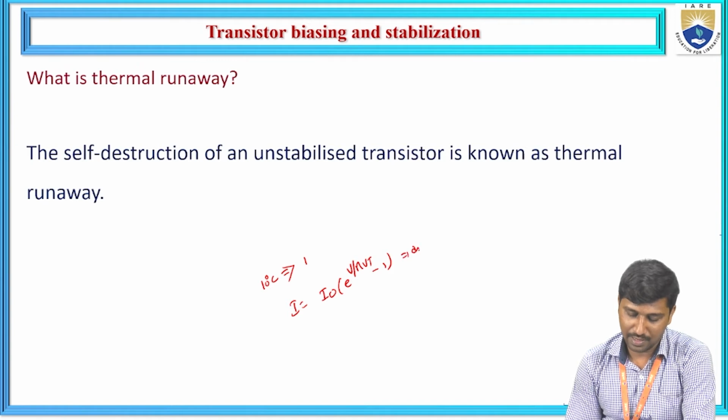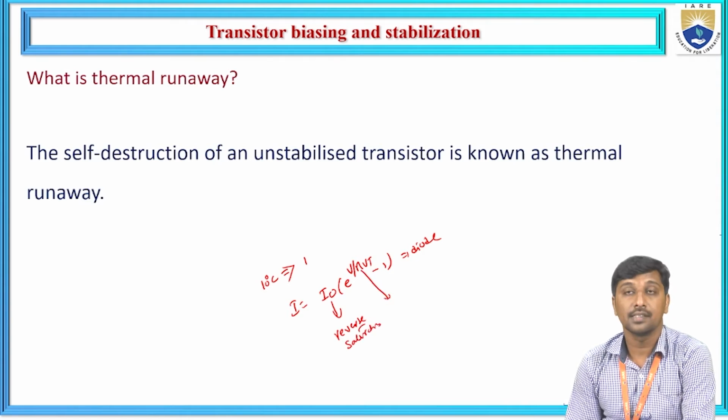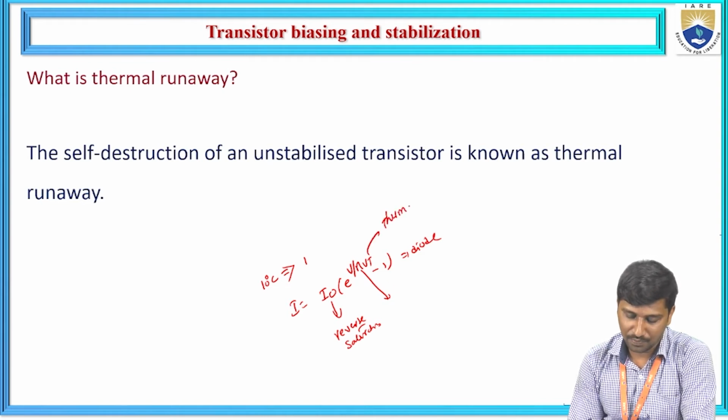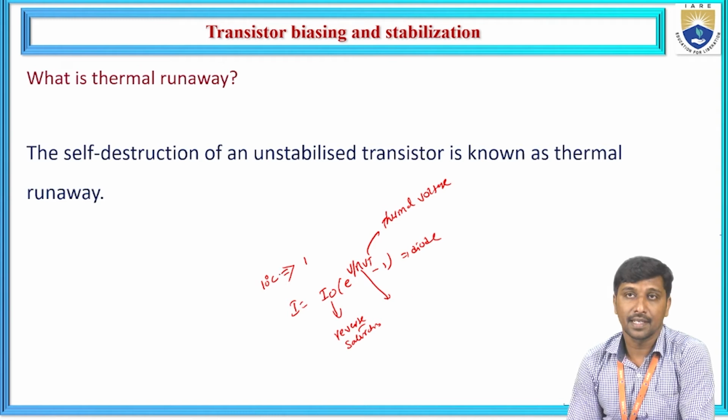This is the diode current expression, where I0 is the reverse saturation current, η is a constant for either germanium or silicon, and Vt is the thermal voltage. For every 10 degrees centigrade, this reverse saturation current becomes double.